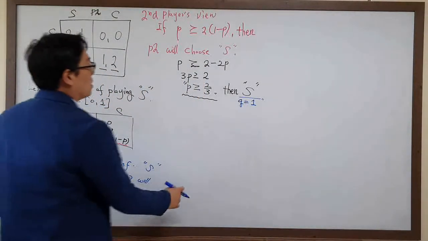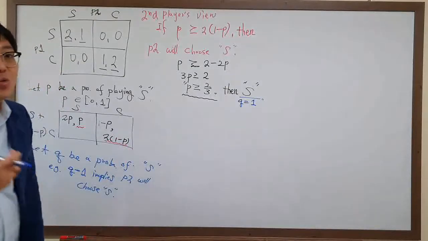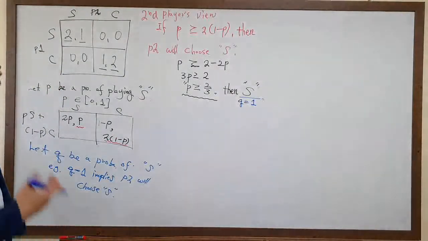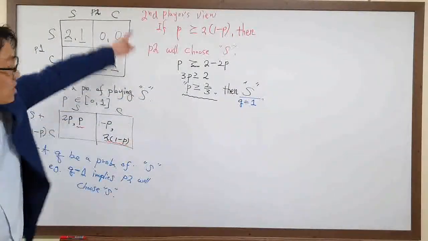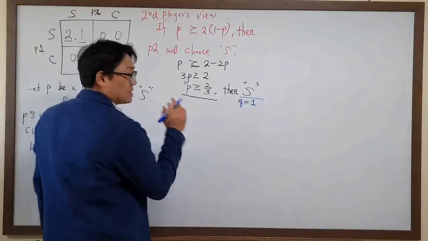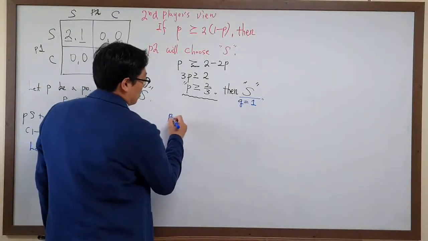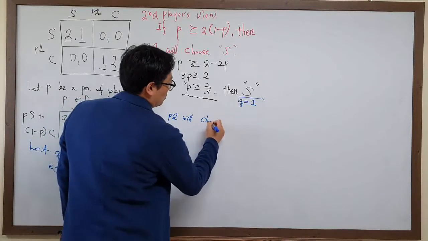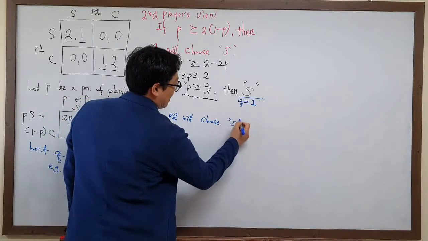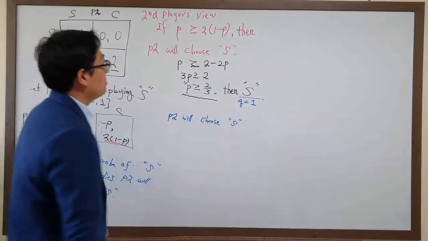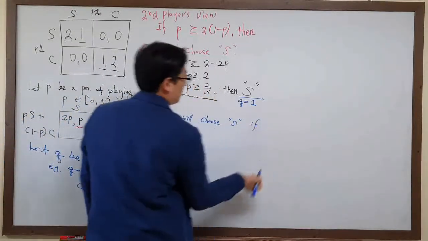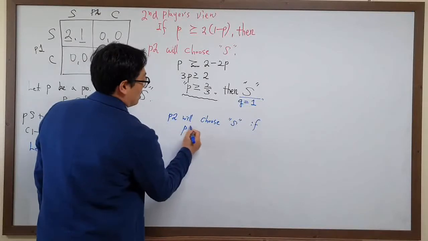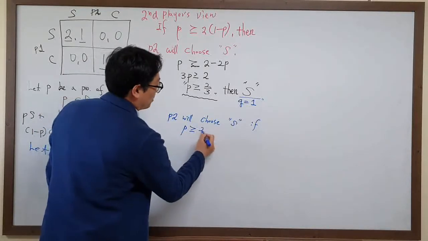So from here, we can write a response function of the second player. Player 2 will choose S if P is greater than or equal to 2 over 3.